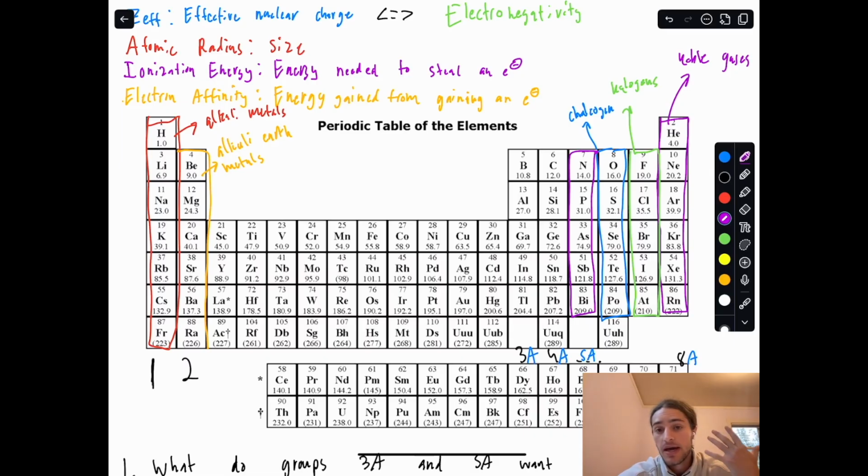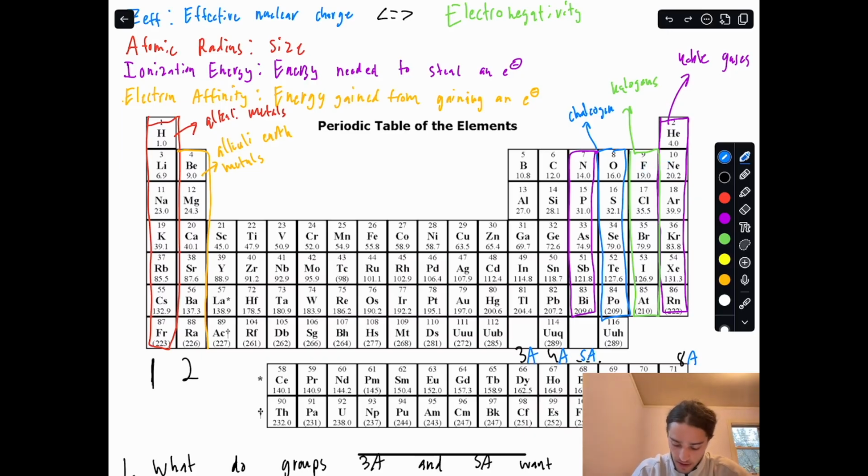And we also talked about how the halogens and chalcogens want to gain some electrons to reach their noble gas configuration. And that makes sense because a halogen is just one electron away, right? The halogen, fluorine, if it had one more electron, would become the electron configuration of neon.